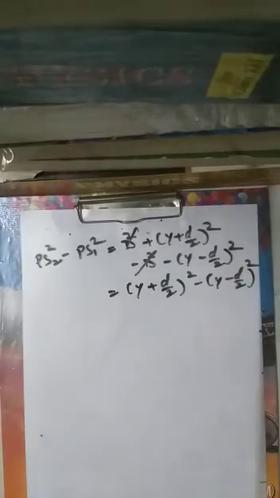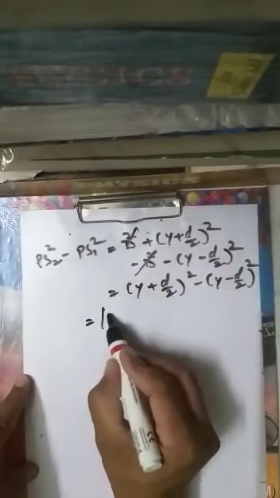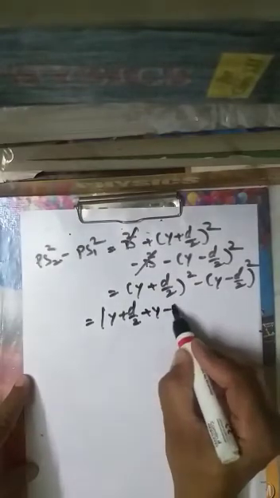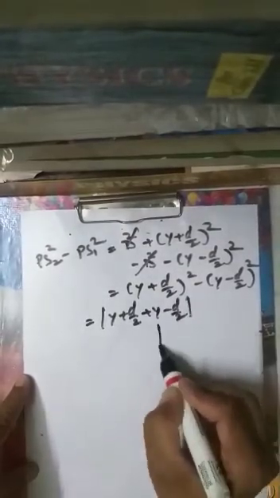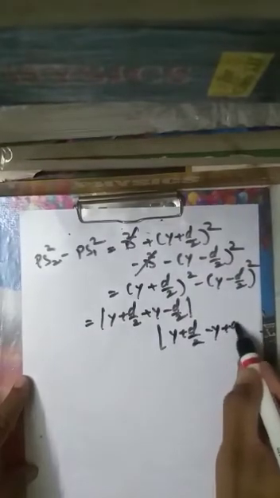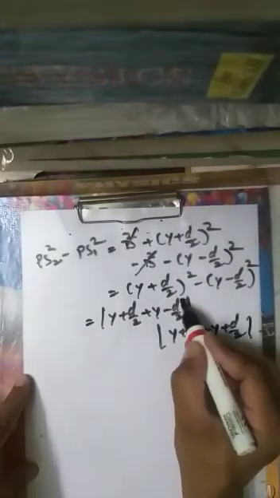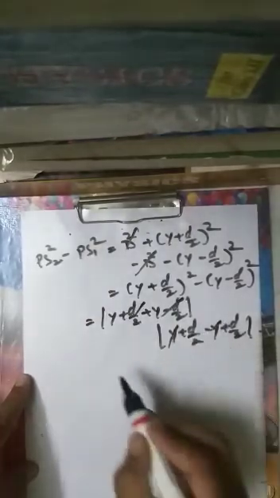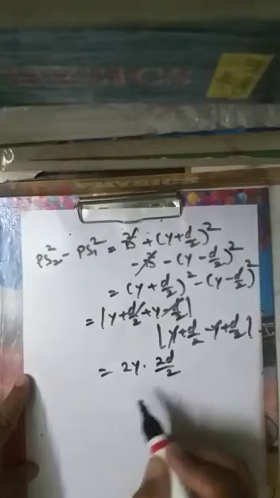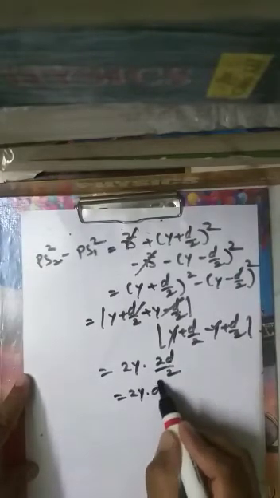By the formula a square minus b square is equal to (a plus b)(a minus b), we get 2y into d.